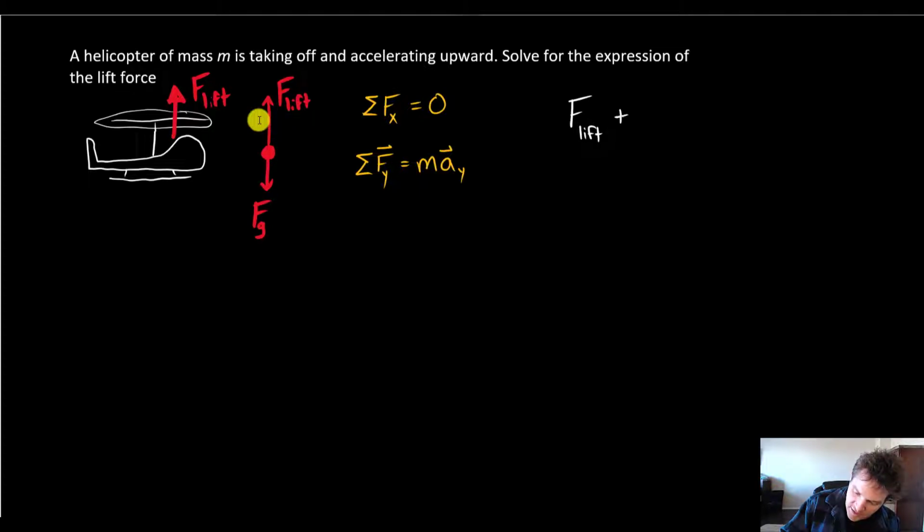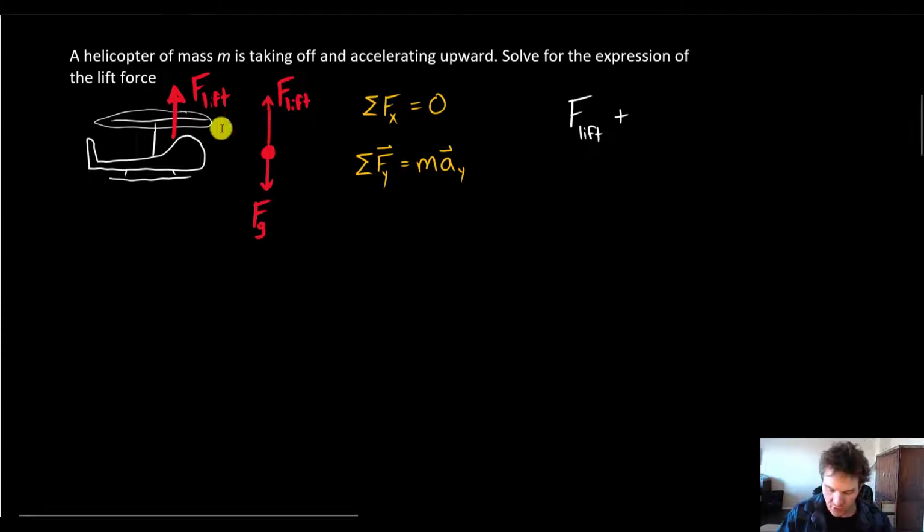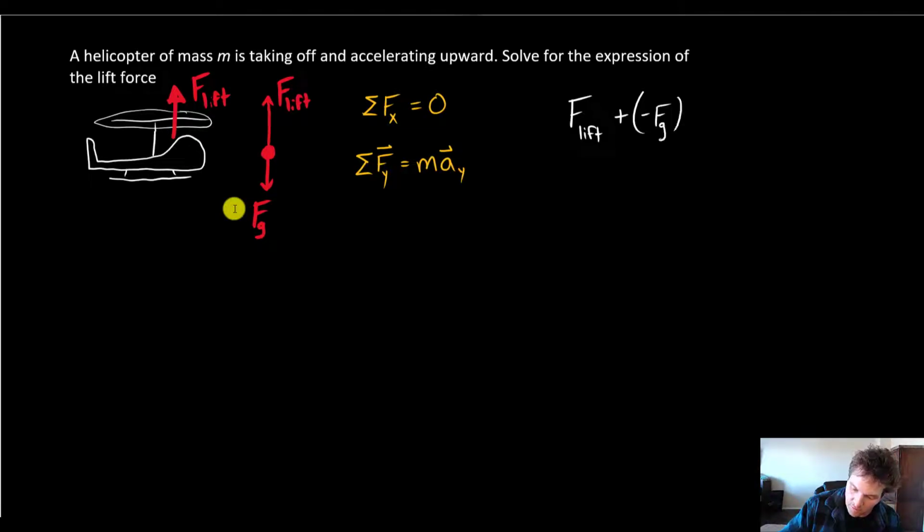And remember, it's a net force, so we add everything. So plus, and then this force of gravity is negative because it's pointing in the downward direction, so plus negative force of gravity. Those are my only forces, so that's my net force, and that's equal to mass times acceleration in the y.